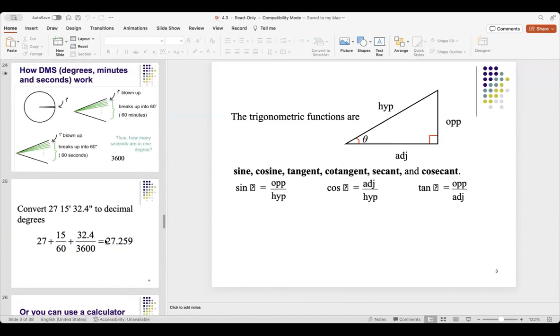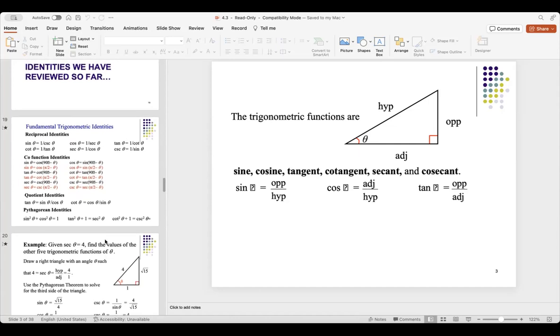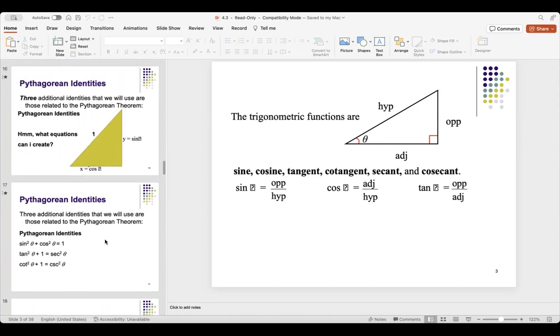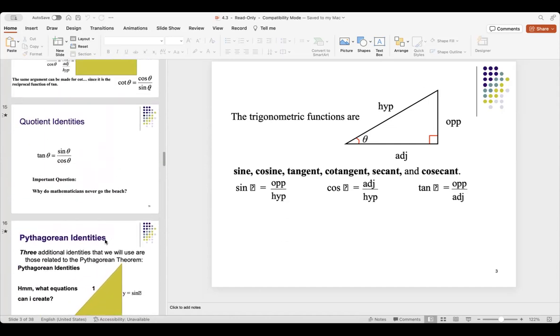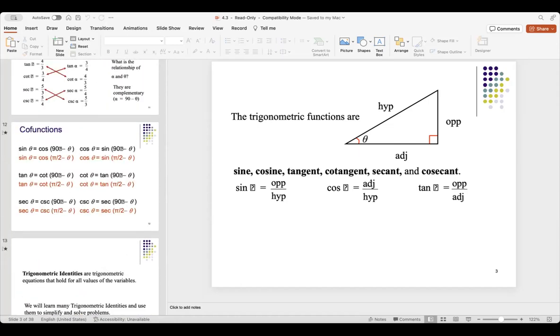Pythagoras theorem works for right angle triangles. It is a squared plus b squared equals c squared. It means that the two shorter sides of the right angle triangle, a squared plus b squared, equal c squared.